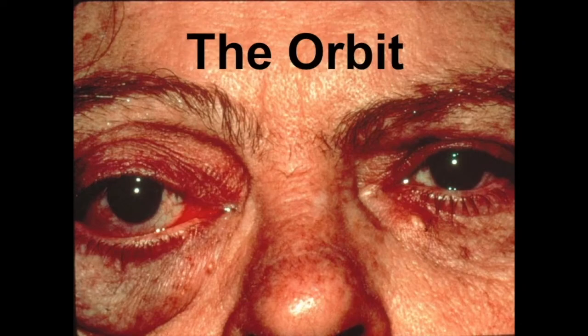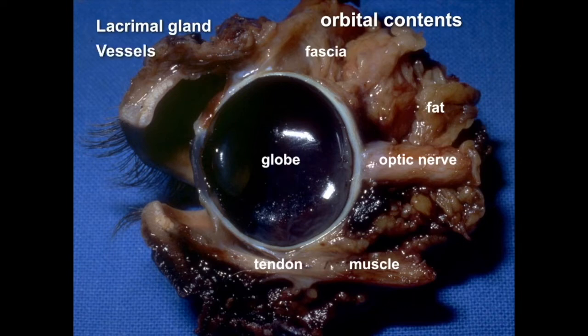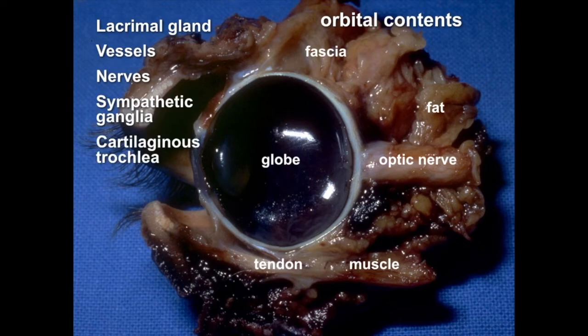The orbit. The contents of the orbit include the globe, the optic nerve, a tract of the central nervous system, fat, muscle, tendon, fascia, the lacrimal gland, vessels, nerves, a sympathetic ganglion, and a cartilaginous trochlea. Rarely, neoplasms can arise from almost all these items.